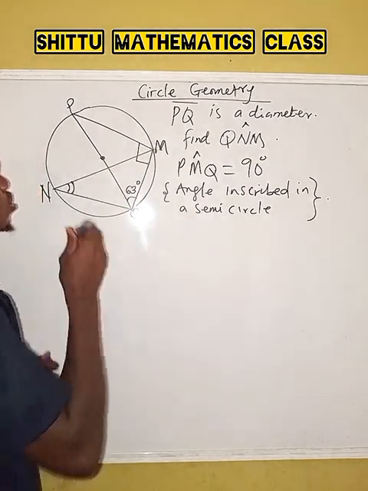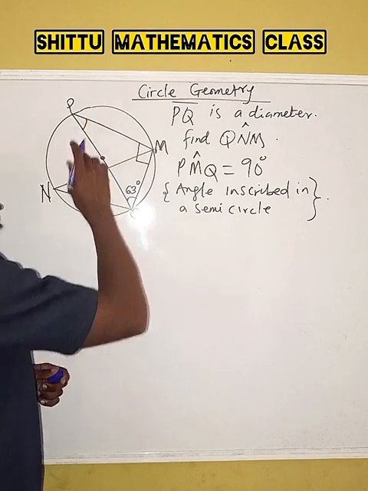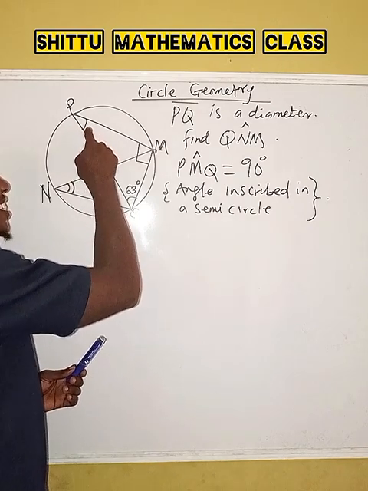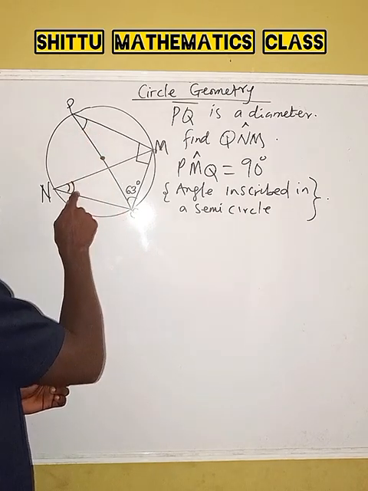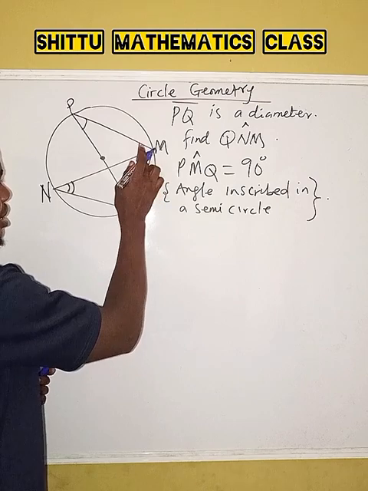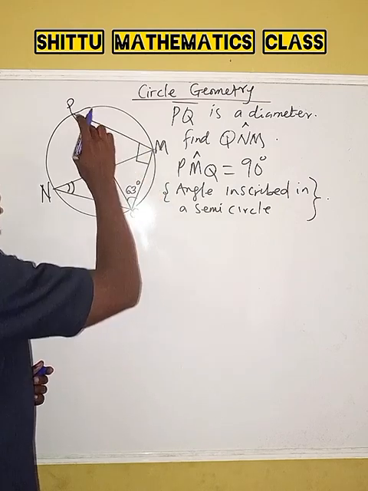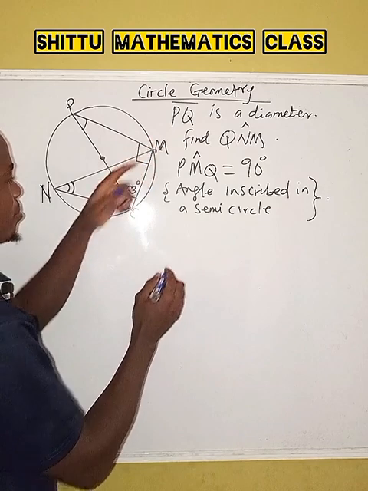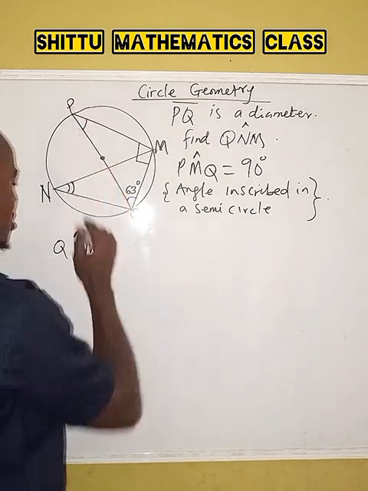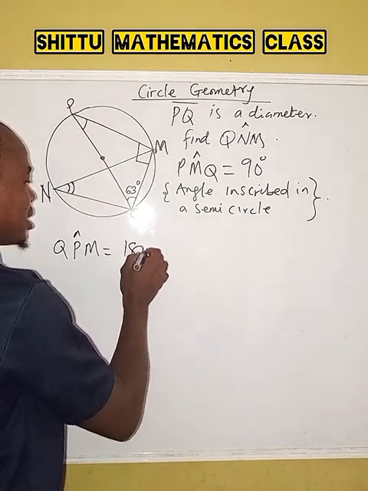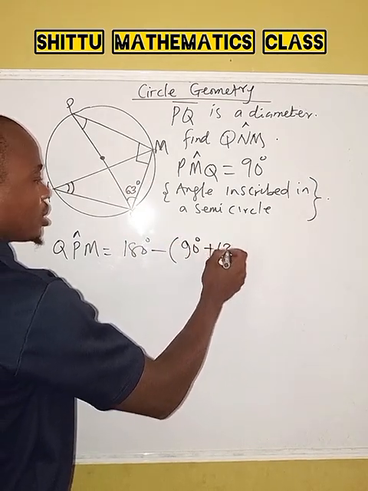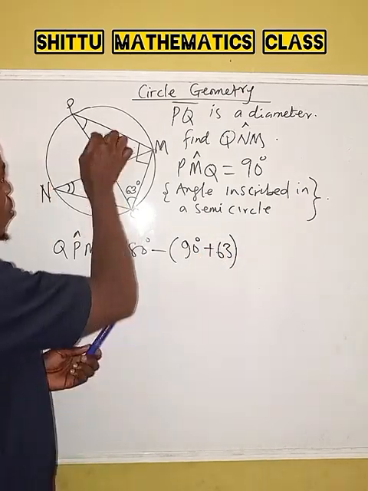Now the next thing we are going to do is check what the angle here will be, because if we know this angle, we can get the answer. Since this is 90 degrees and this is 63 degrees, QPM will be equal to 180 degrees minus the sum of 90 and 63, because I want to know this angle.